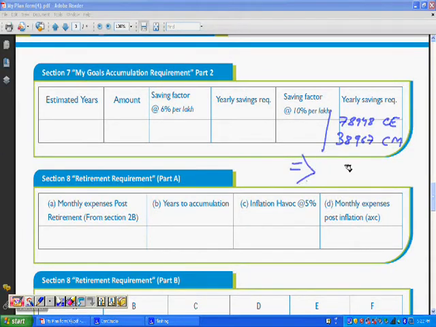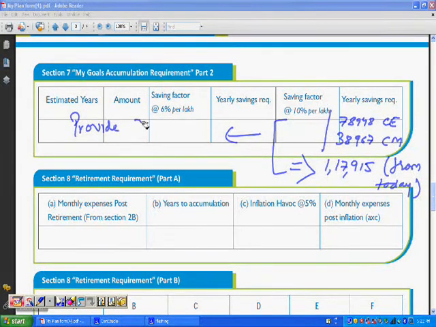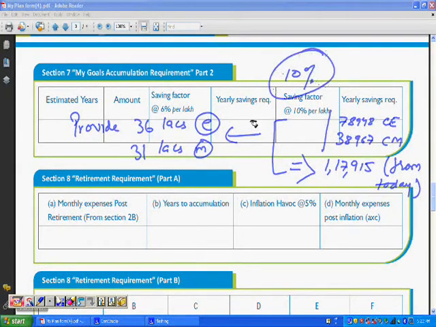You need to save around 1,17,915 from today to fulfill that goal. Now, if you start doing this, you'll be able to provide 36 lakhs to your child for education and 31 lakhs for marriage, right? And I'm assuming you will get 10% return, right?